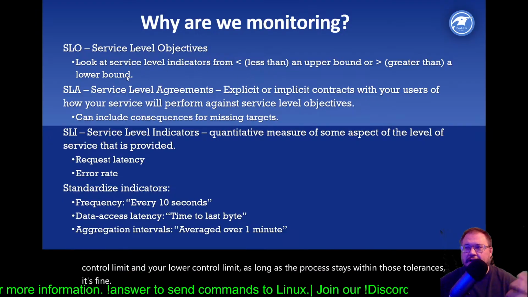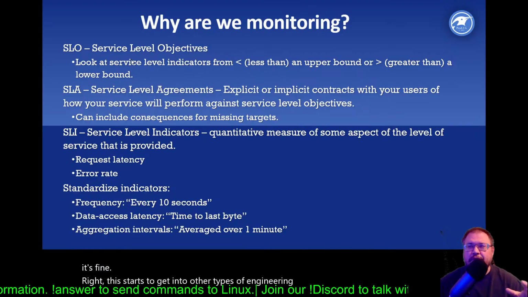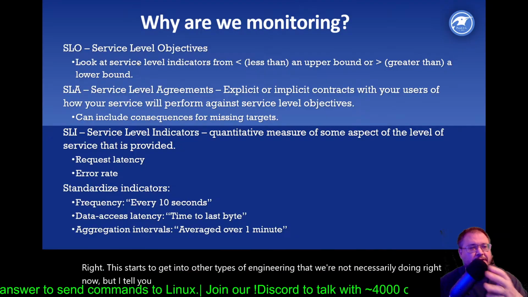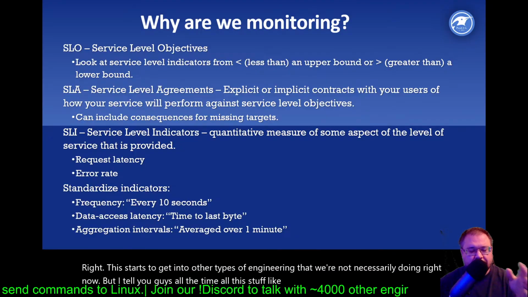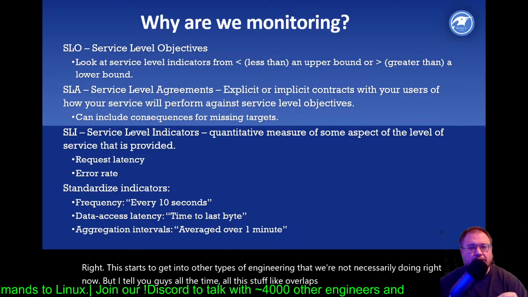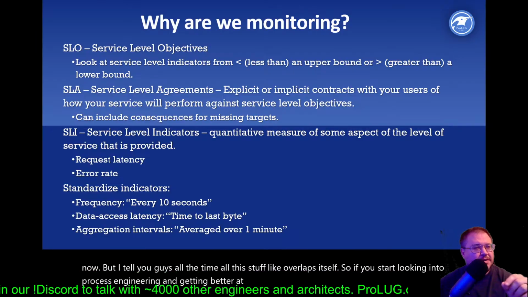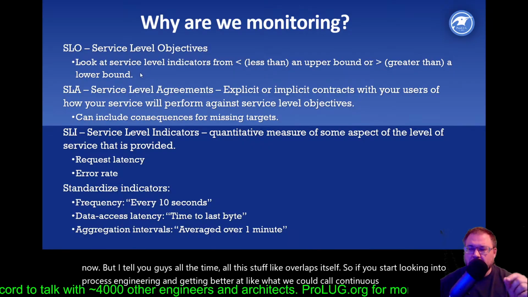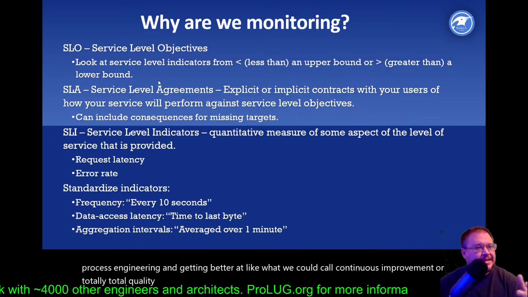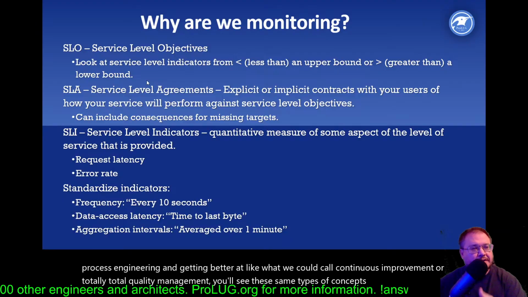This starts to get into other types of engineering that we're not necessarily doing right now. But I tell you guys all the time, all this stuff overlaps itself. So if you start looking into process engineering and getting better at what we call continuous improvement or total quality management, you'll see these same types of concepts, even if they're expressed in different terms, right?